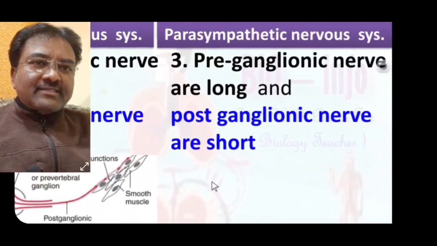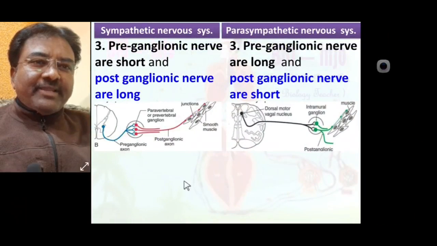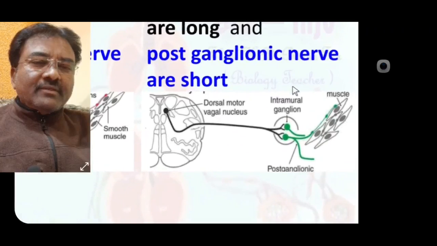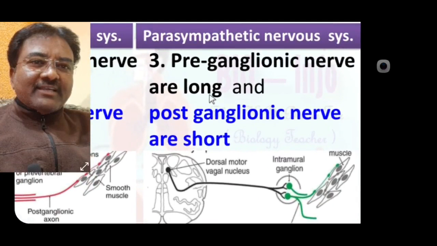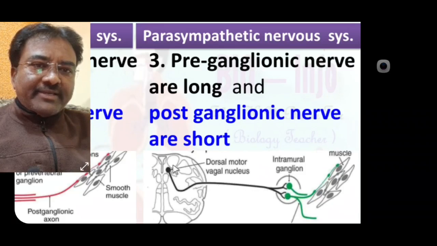In the parasympathetic nervous system, the preganglionic neuron is long, while the postganglionic neuron is short. Seen here, this one is the preganglionic neuron, which is very long.